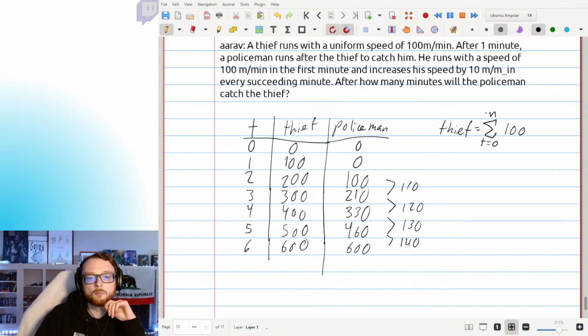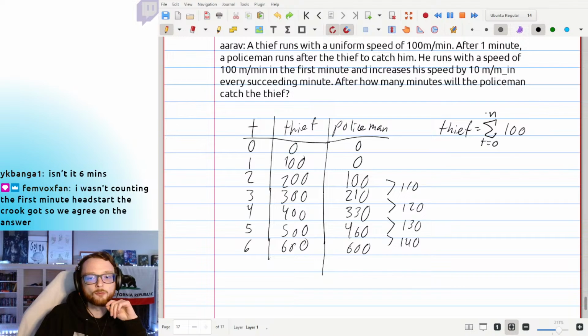Hmm. That's not really capturing the 0, is it? Yeah, the answer is 6. Penmouse agrees. Okay.